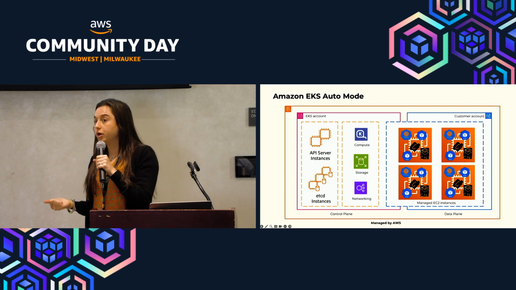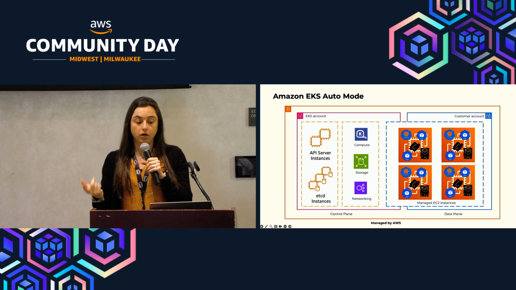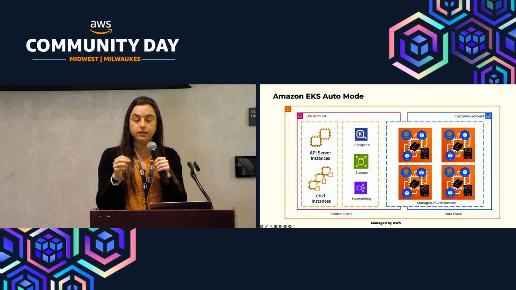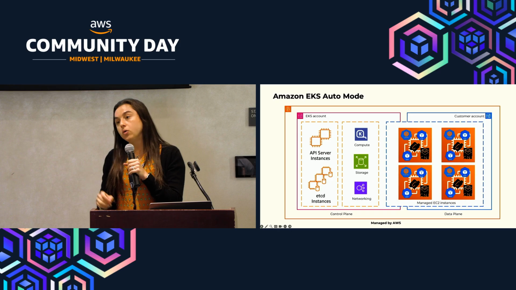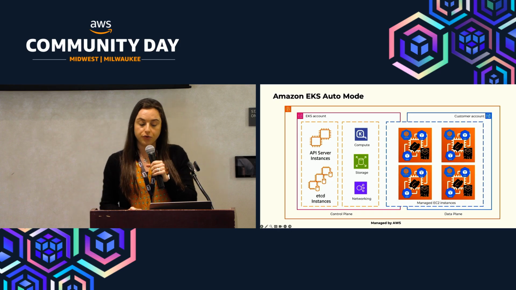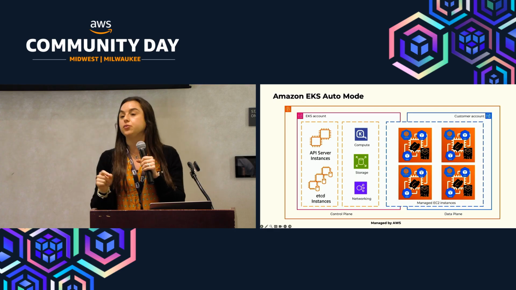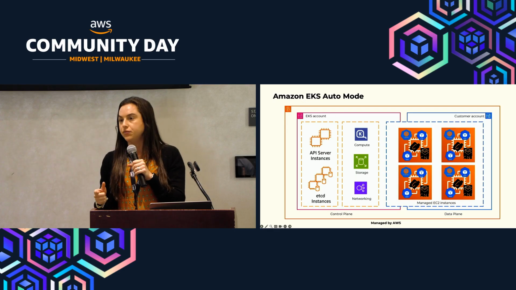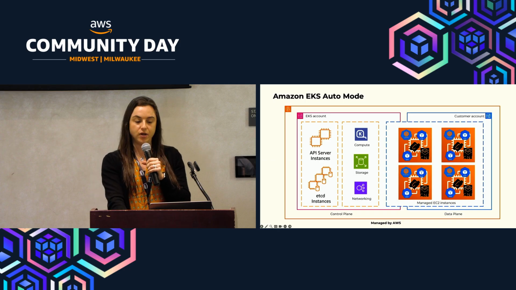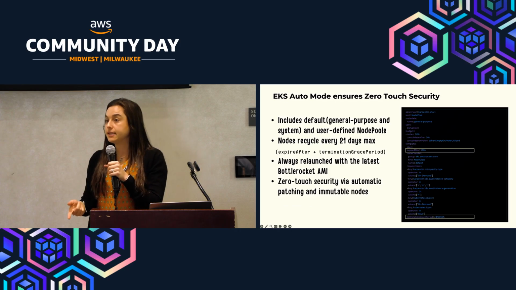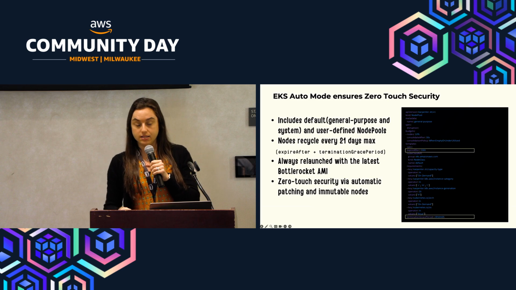It provisions the worker nodes for you, it selects Bottlerocket AMIs, and it integrates key add-ons directly into the operating system as systemd services. There is no DaemonSet overhead, and all the EC2 instances come preloaded with agents like CoreDNS, VPC CNI, and CSI drivers.